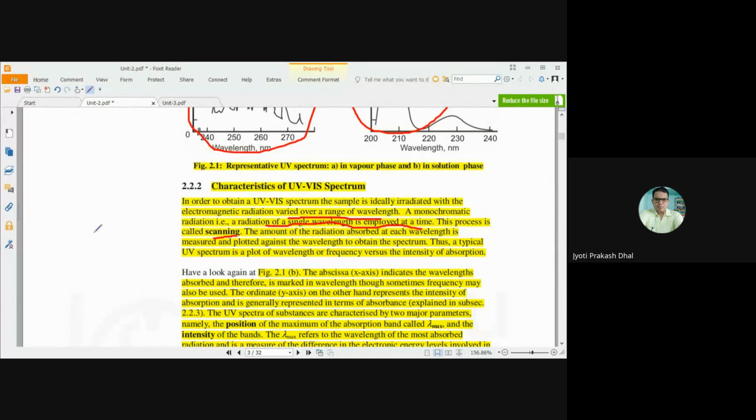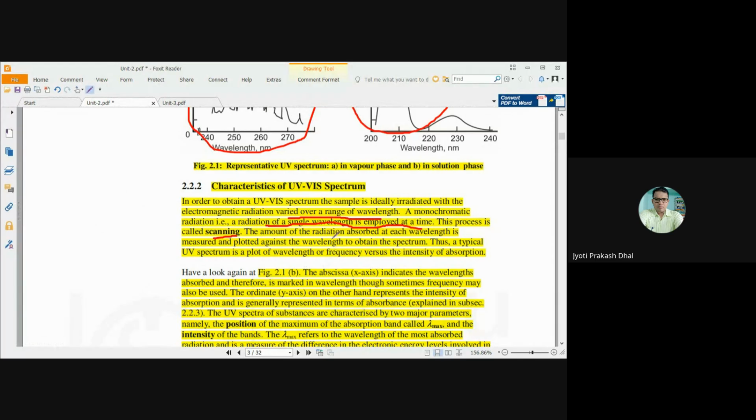That means initially electromagnetic radiation of 200 nanometer will pass through the sample. After that 200.5, then 201, then 201.5, then 202. So gradually from 200 nanometer to 800 nanometer, different wavelengths will be scanned throughout the sample. But every time, a single monochromatic wavelength is employed at a particular time.